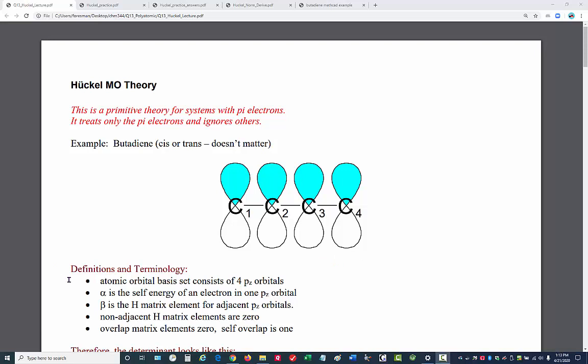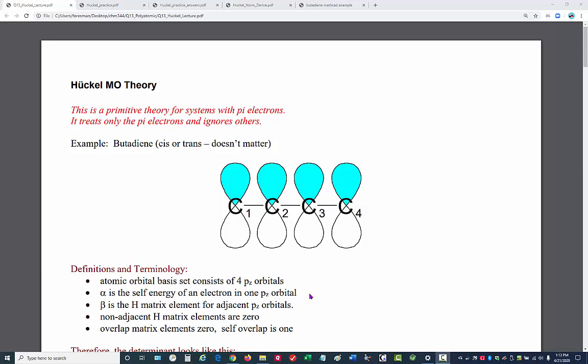Hückel theory has 5 basic premises behind it. It's how you define the Hamiltonian and solve the secular determinant. We'll go through these one by one. First one, the atomic orbital basis set consists of just putting pz orbitals on each atom. So we see that in the diagram, and that's listed here.